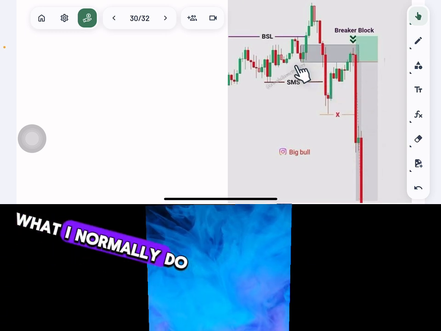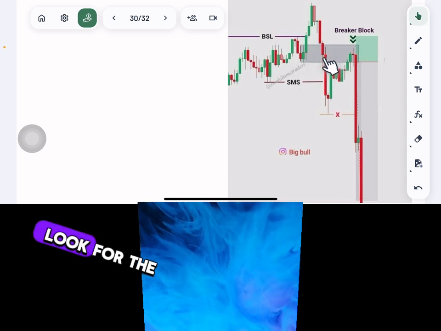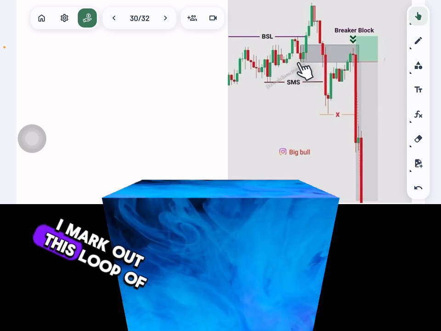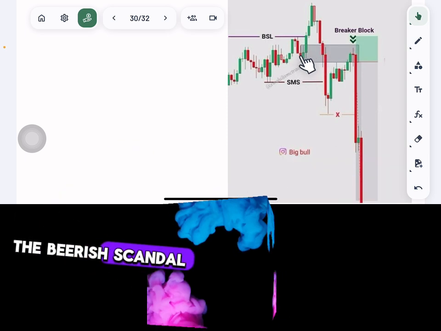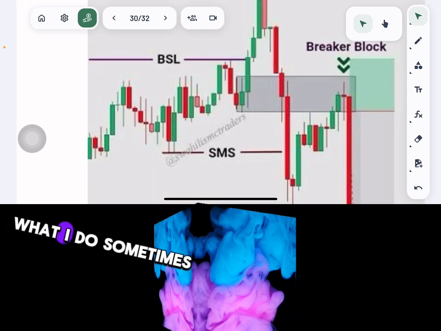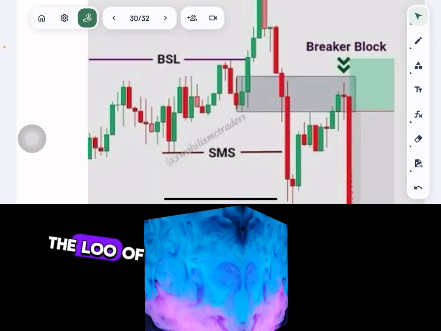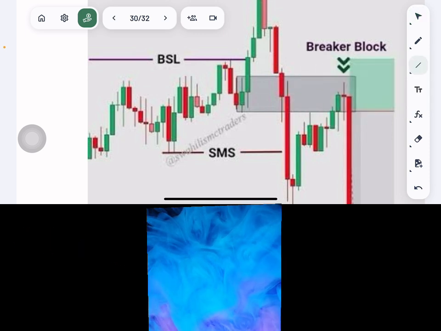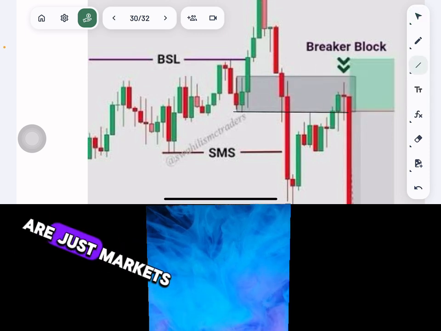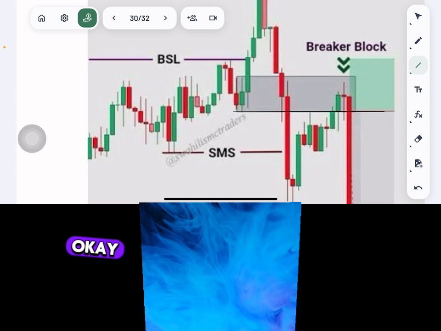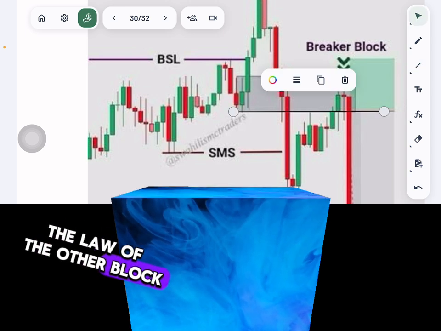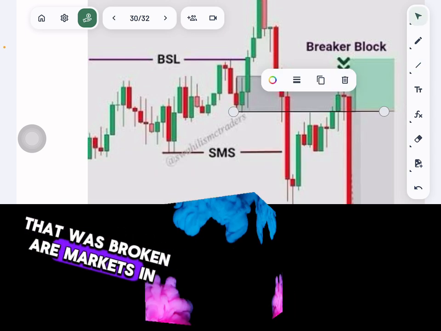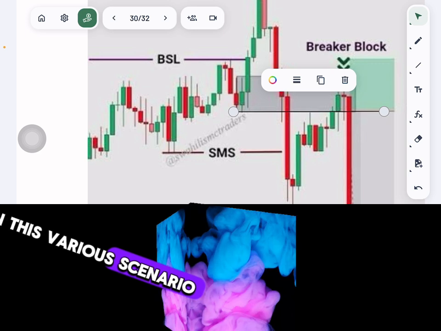So what I normally do personally is that I mark out the low of this bearish candle. Okay, so the low of this candle, this is it. I just mark it. The low of the other block that was broken, I mark it in this bearish scenario.